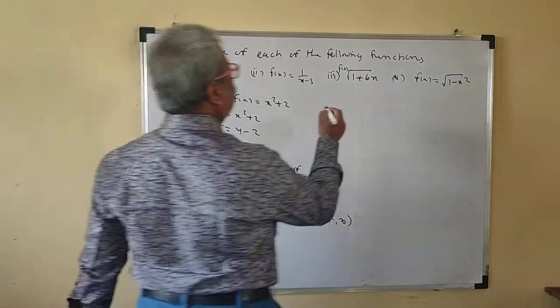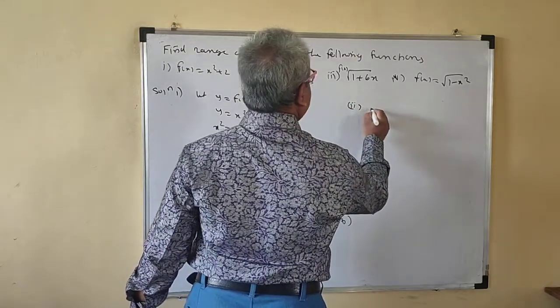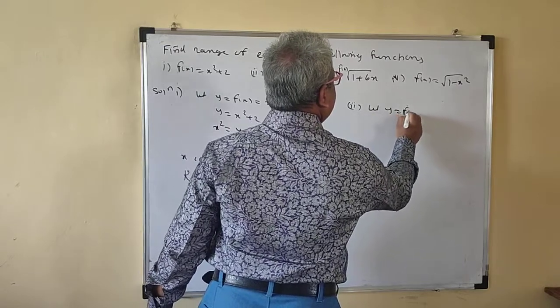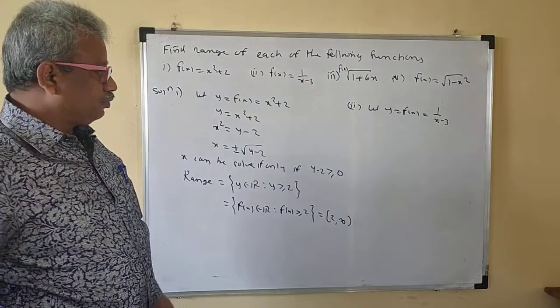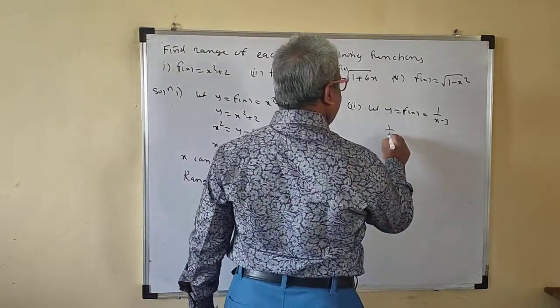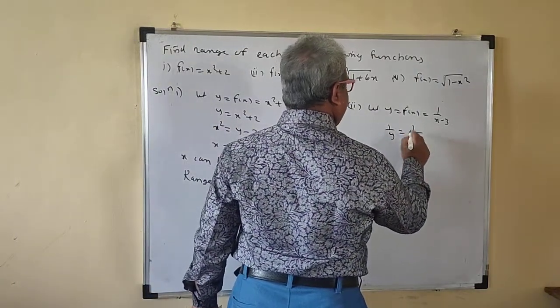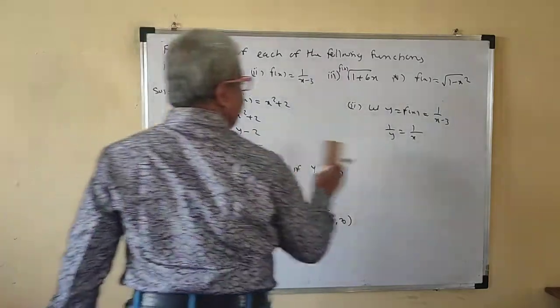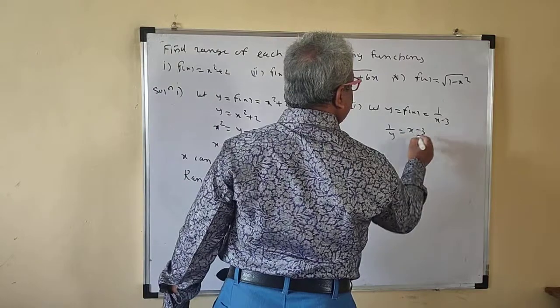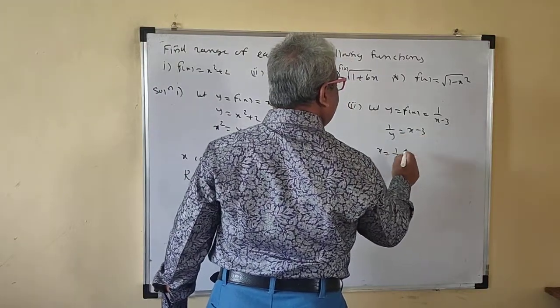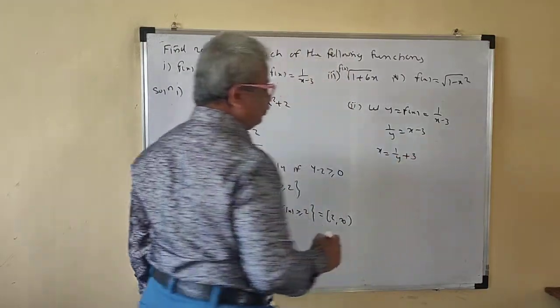Next, second. Let y is equal to f of x is equal to 1 upon x minus 3. So we write 1 upon y is equal to x minus 3. So x is equal to 1 upon y plus 3.